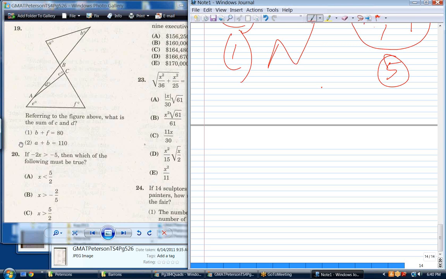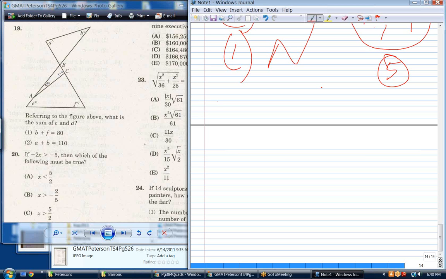Notice that if A plus B is 110, what's this angle right here where my hand is? It's, sorry, 70. Okay, and if that's 70, what's this angle? 70. And if that's 70, what is C plus D? 110.